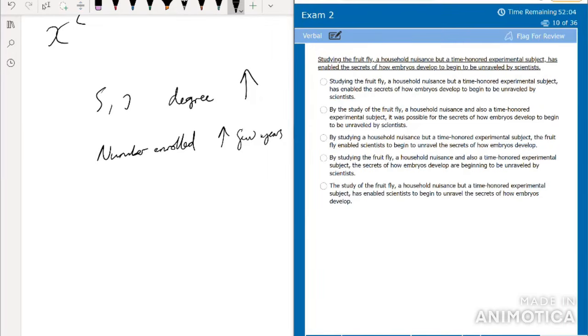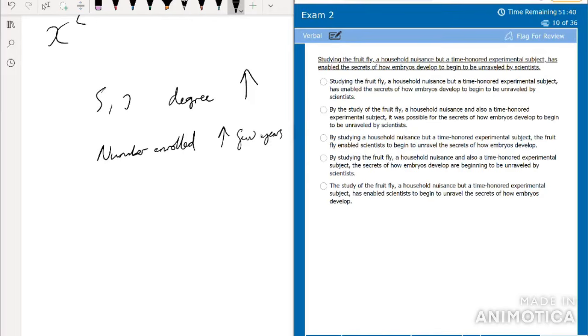By the study of the fruit fly. Okay, I just don't like B. By studying a household nuisance.